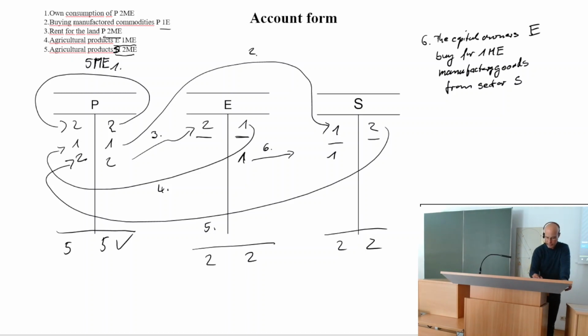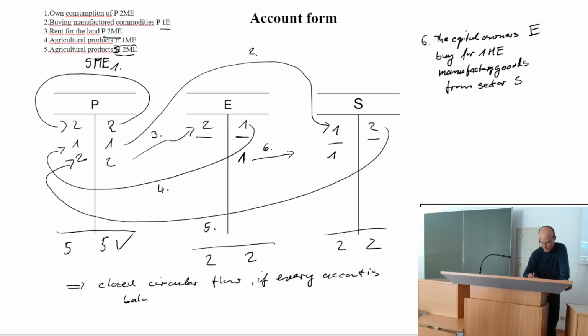So, and this is then a closed circular flow if every account is balanced.